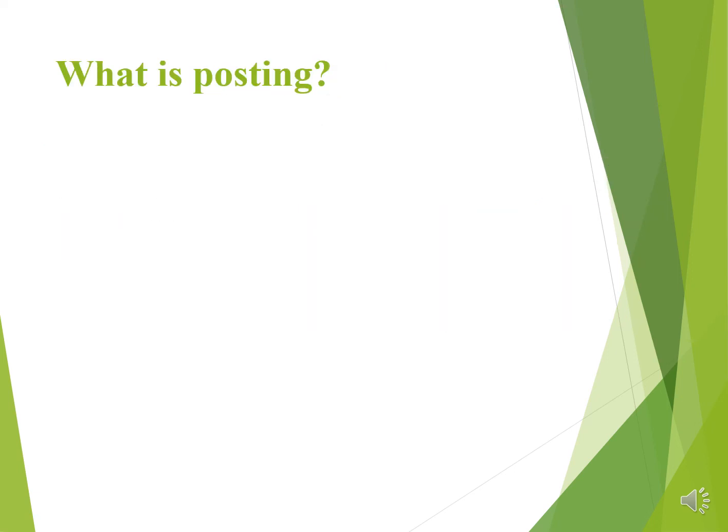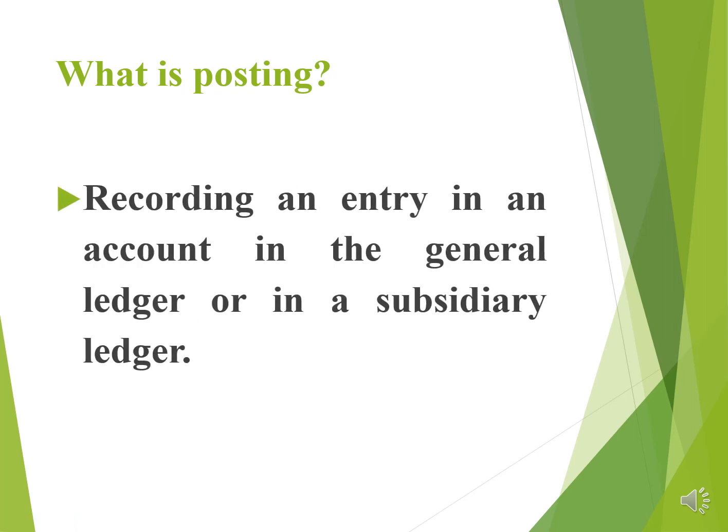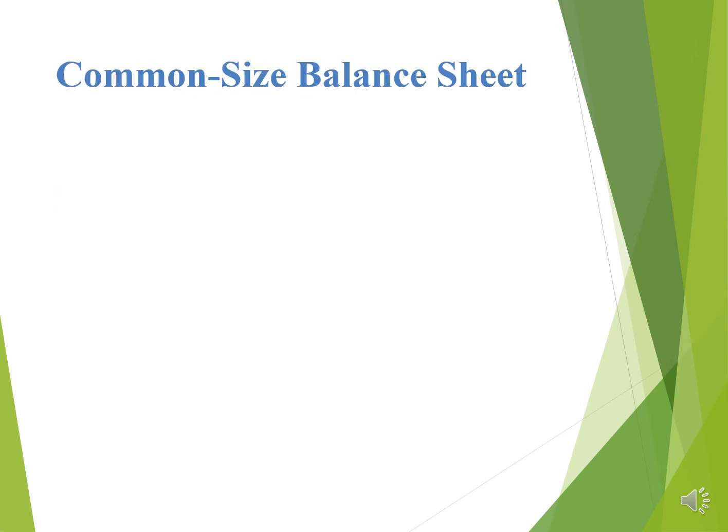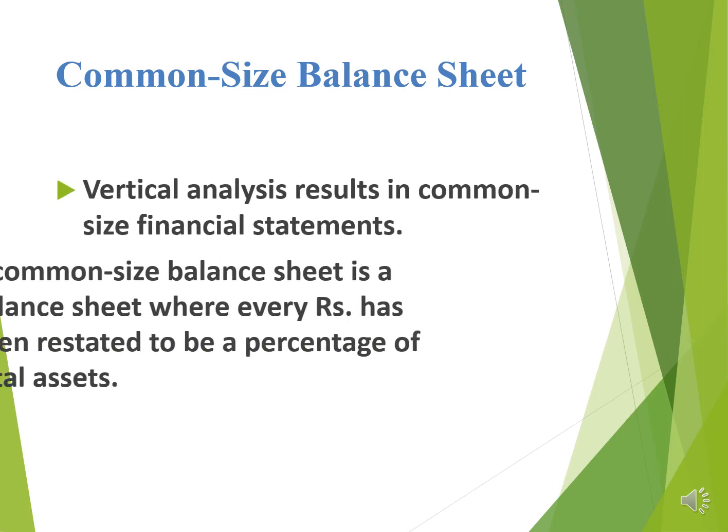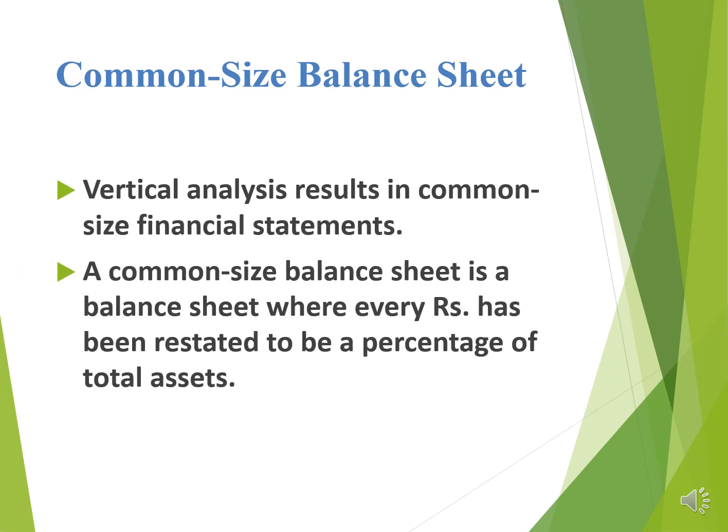So what is posting? Recording an entry in an account in the general ledger or in a subsidiary account is called posting. Common size balance sheet. What does it mean? It is a vertical analysis, resulting in common size financial analysis.